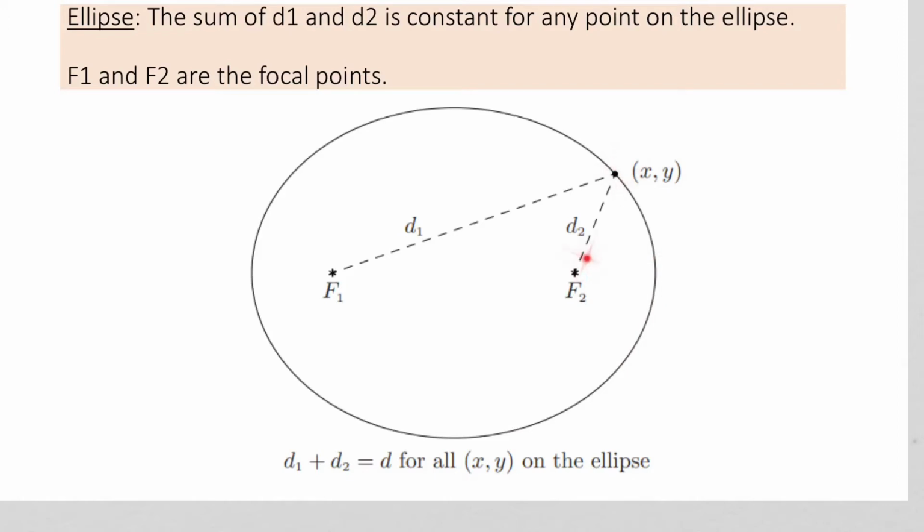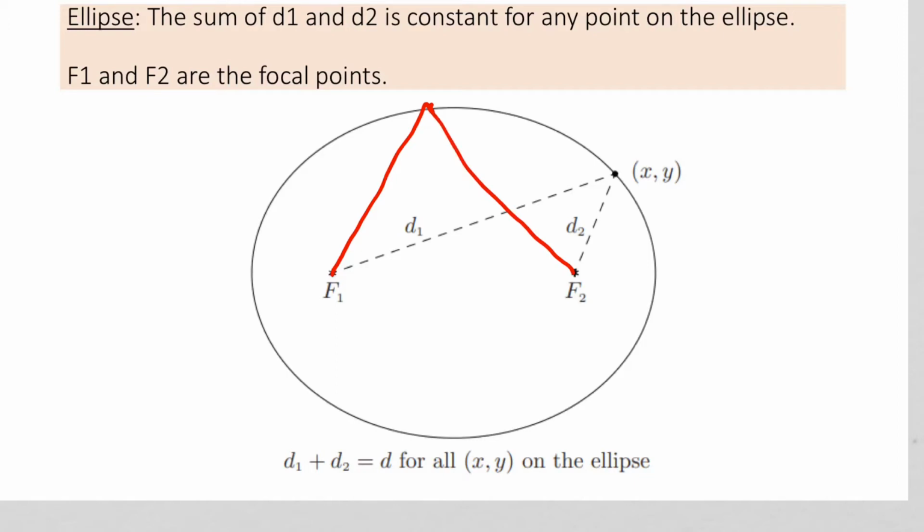So the sum of the distances between the focal points and any point on the rim, this D2 and this D1, are always going to add up to the same amount of string, the same distance D. At any point along the outside, that string will fit.